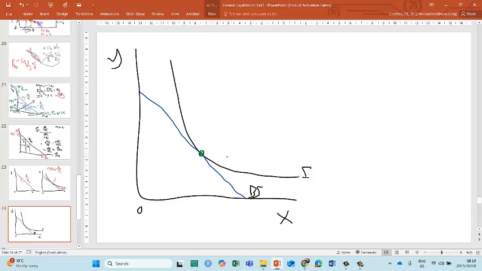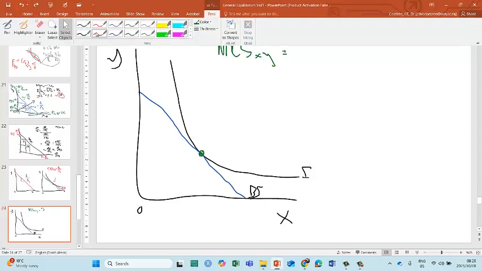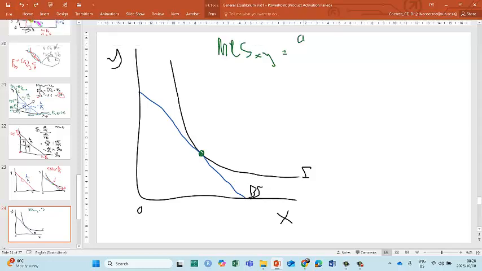Okay. So at that point, there's a number of things that happen. We know that the marginal rate of substitution x for y is equal to, let's use d, dy over dx.